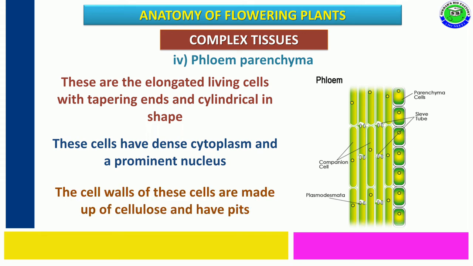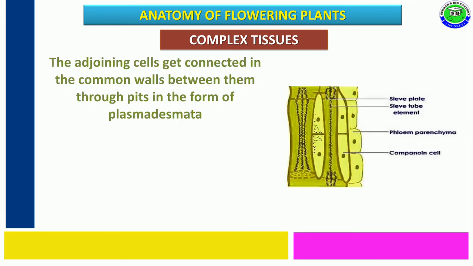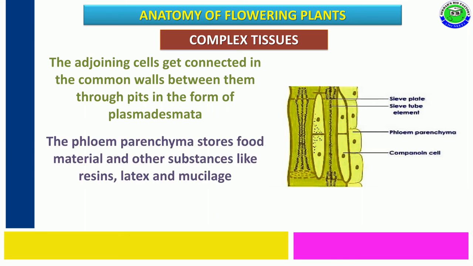The cell wall is made up of cellulose, and the cells have minute thin areas called pits. These pits are present between the phloem parenchyma only. With the help of these pits, neighboring phloem parenchyma cells are connected to each other with common walls between them, and they form plasmodesmata between phloem parenchyma only.